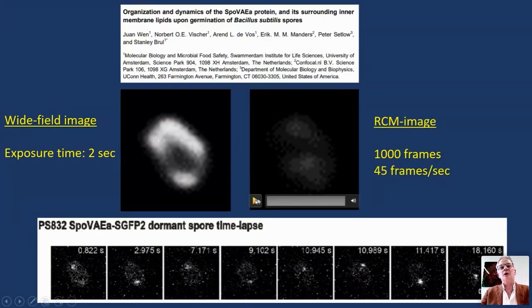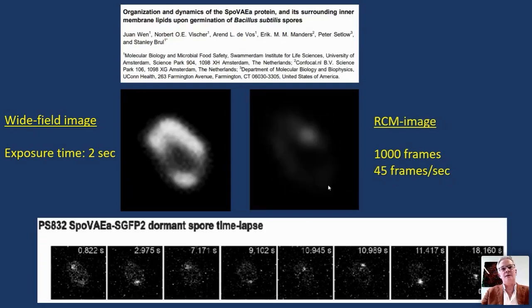And what you see now is that these molecules are floating around on the spore, and sometimes, if you look well, you see a very sharp, short spot of very high intensity.